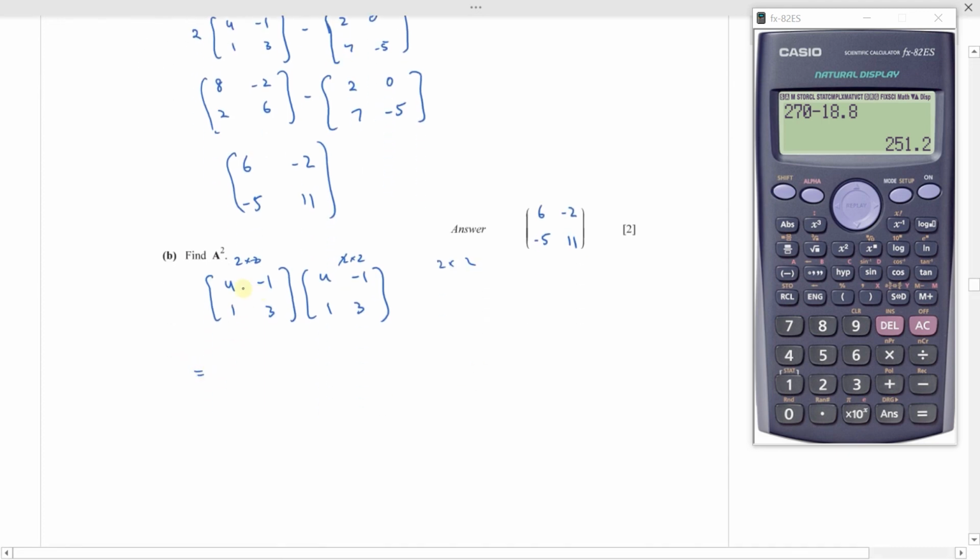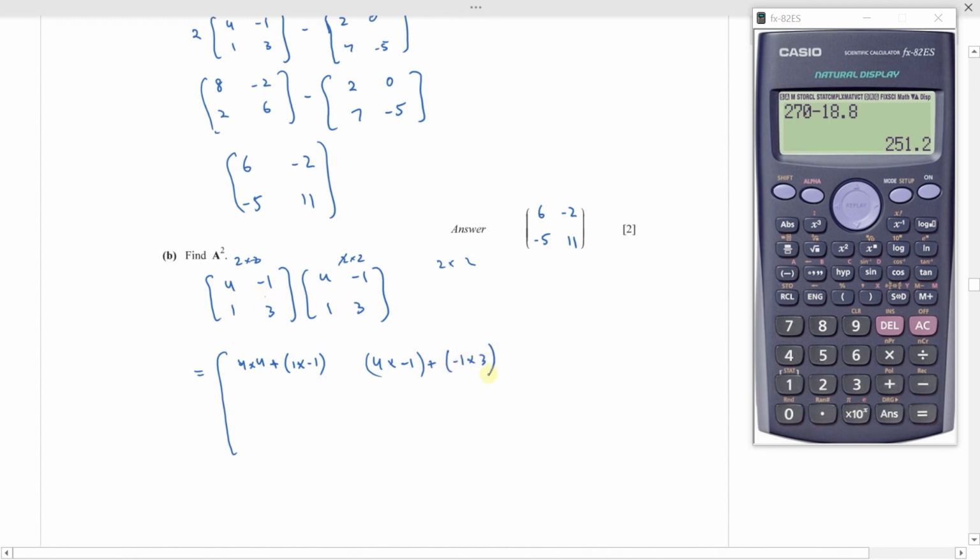So let's calculate that. First row multiplied by first column, I will get 4 into 4 plus 1 into minus 1. And then first row multiplied by second column, so I will get 4 into minus 1 plus minus 1 into 3.